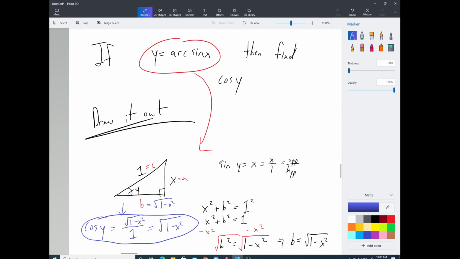So we were given a relationship between y and x. We use them to put them on the triangle. And then we use our past knowledge to complete the triangle in a way that allows us to find the other trig function it asks for. That uses different side lengths to find its ratio.